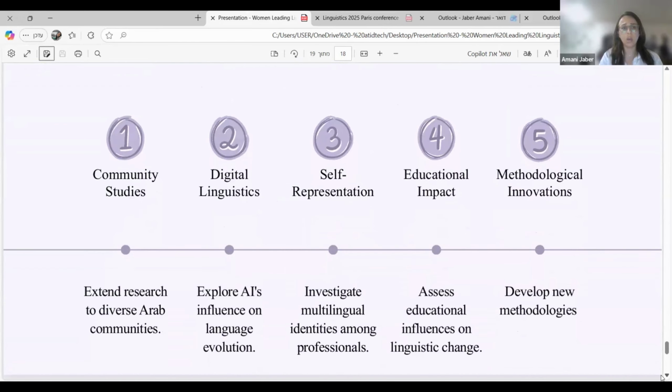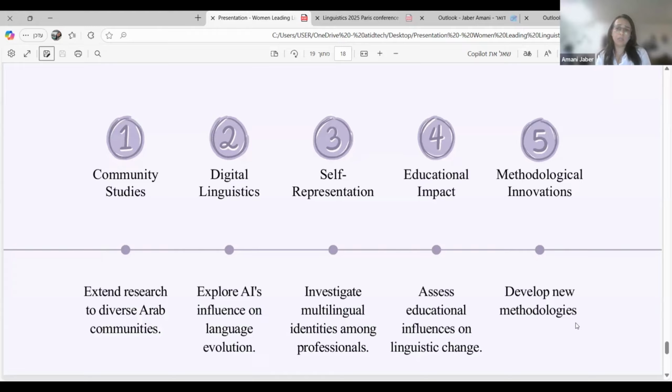First of all, we're looking at community studies, digital linguistics, perhaps self-representation studies, educational impact, and methodological innovations, another path that we can develop further. Basically, to extend the research to diverse Arab communities outside of my town, to explore AI's influence on language evolution, to investigate multilingual identities among professionals, to assess educational influences on linguistic change, and to develop new methodologies.